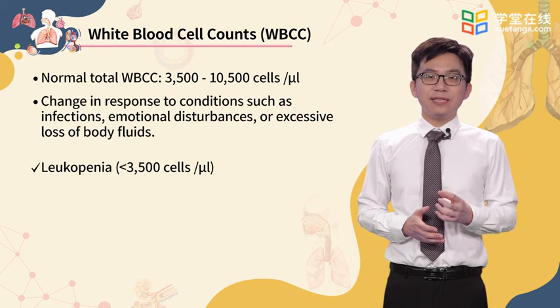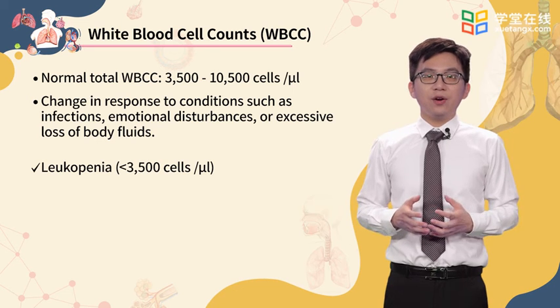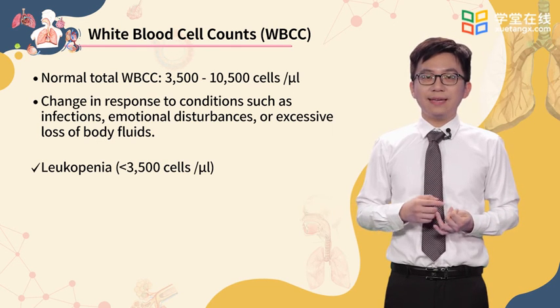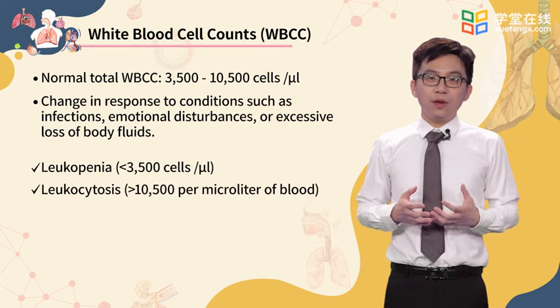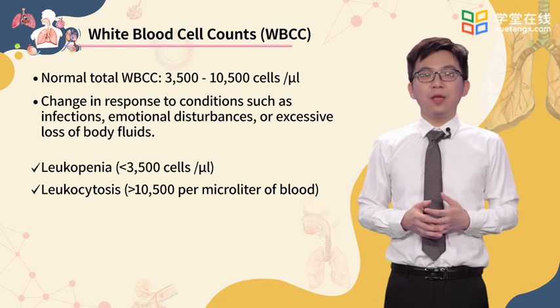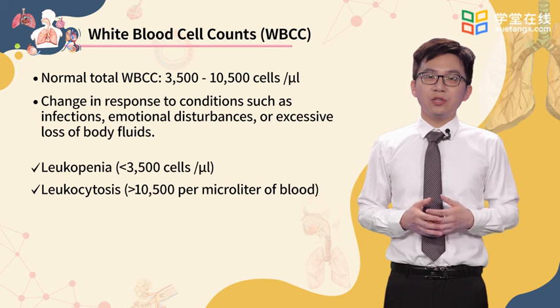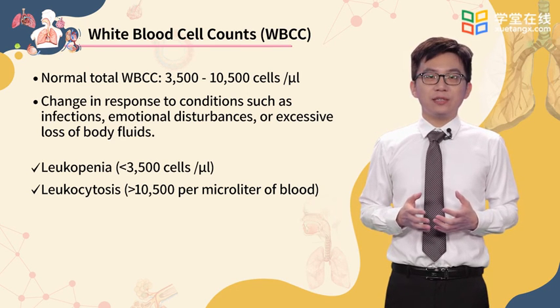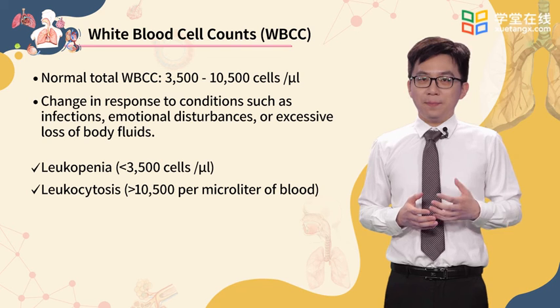Such a deficiency may be seen in viral infections such as influenza, chickenpox, or AIDS. But a total number of white blood cells exceeding 10,500 per microliter of blood constitutes leukocytosis, indicating acute infections most often caused by bacteria.